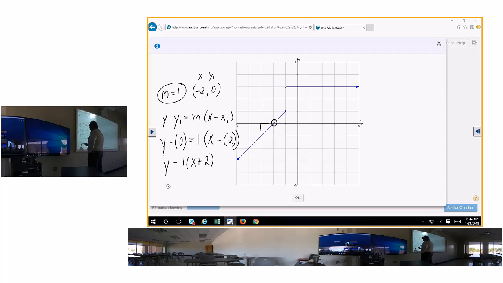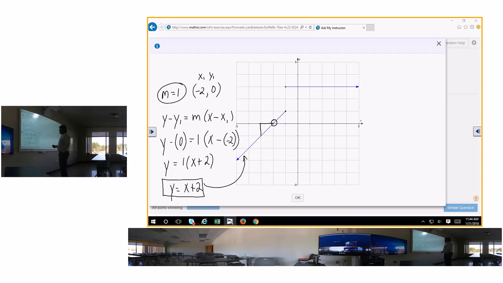So your final answer is y is equal to x plus 2. That is the equation for this line. So if you were to write it as a piecewise function, you would have y is equal to braces, and the first one would be x plus 2.